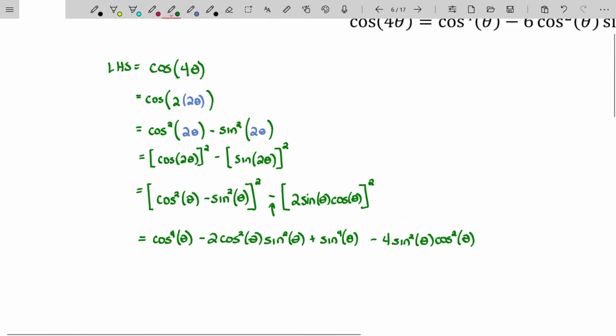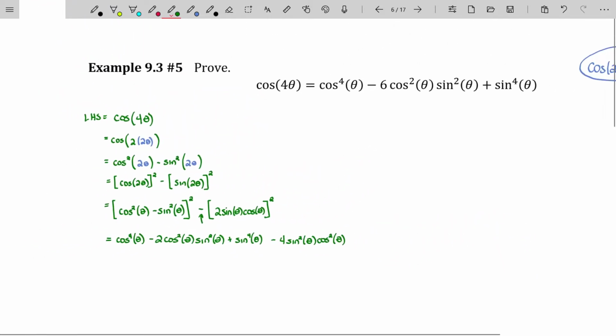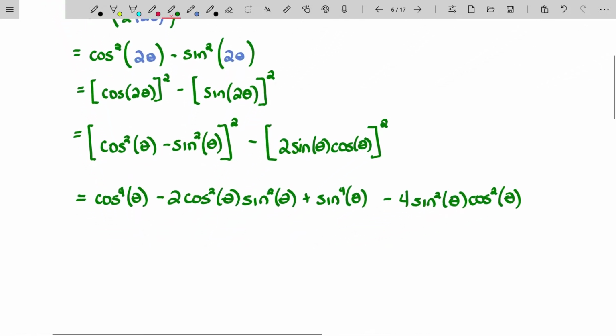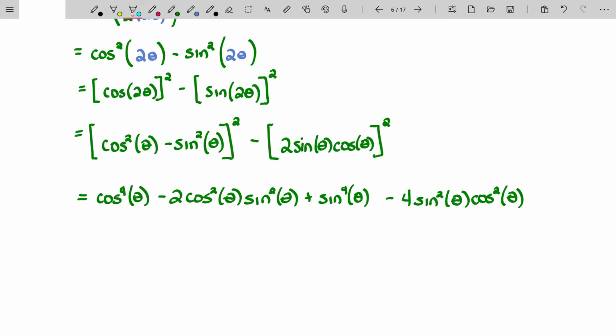And we're getting very close to the identity that we're trying to prove. We just have to combine like terms. Notice that this picture right here is the same as this picture. They're kind of not written in the right order, but they're the same picture. Remember, multiplication is commutative, so you can actually rewrite that second group, negative 4 sine squared cosine squared, as negative 4 cosine squared sine squared.